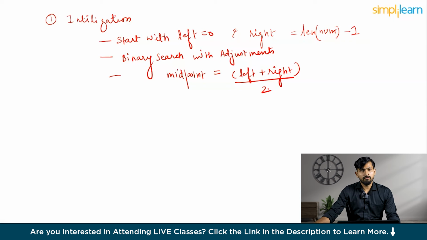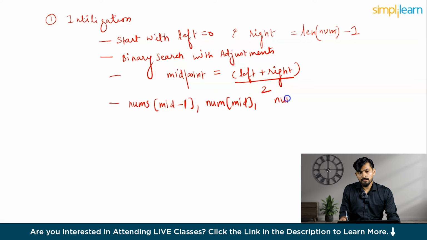So here will be nums mid minus 1, then we'll have nums mid and nums mid plus 1. Now, depending upon the comparison between these positions and the target value, we are going to adjust the left or right pointers.